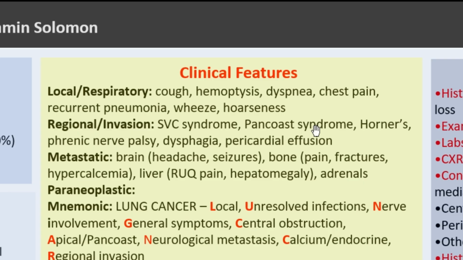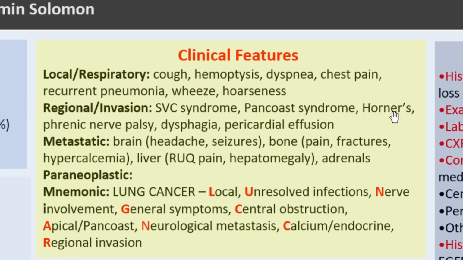When there is pressure on the stellate ganglion, we get Horner's syndrome, and you know the triad: anhidrosis, which is no sweating, miosis, and ptosis, which is drooping of the eyelid.